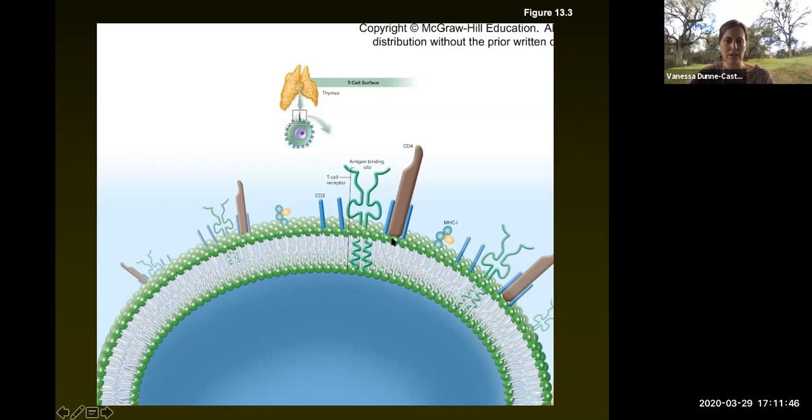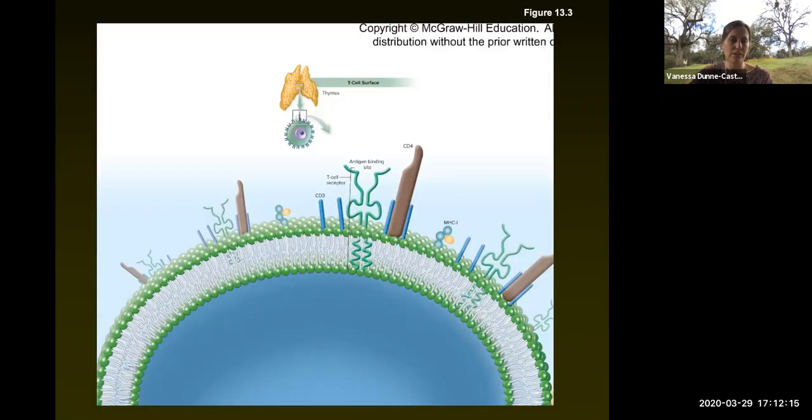There's that CD3 co-receptor and CD4, which is responsible in this case, if you recall, for binding to MHC class 2 on antigen-presenting cells. That means that this guy is a T helper cell. You know that because of its co-receptor, because of its ability to engage in antigen-presenting cells. If this was CD8, we would call it a cytotoxic T cell, and we would know that this is going to bind to self-infected cells.